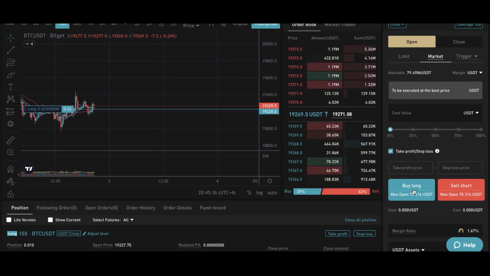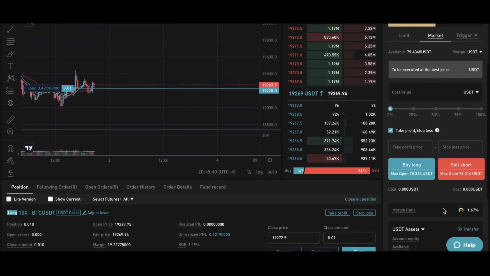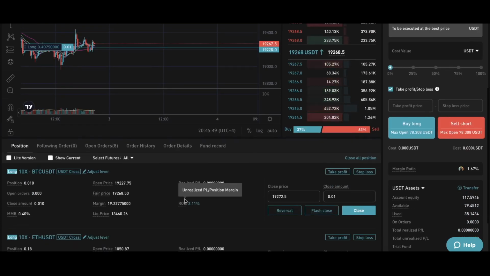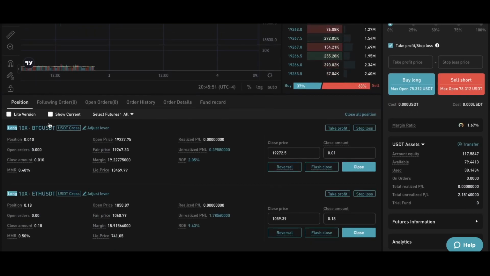Then we have here the long or short position. You can see also how big your trading amount is. And when you open a position, the open positions are here at the bottom. Here you see I actually opened 2 positions, one in the Bitcoin market and one in the Ethereum market.